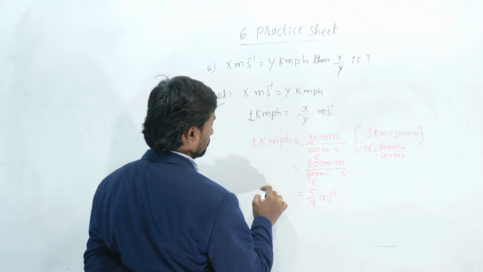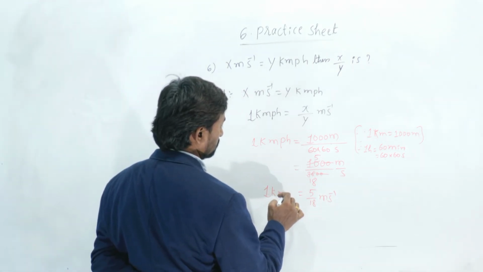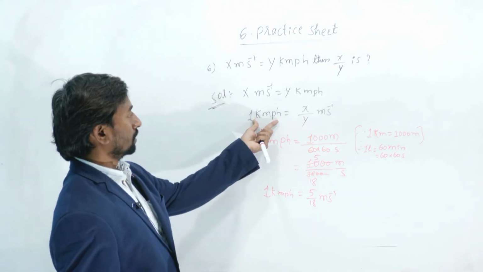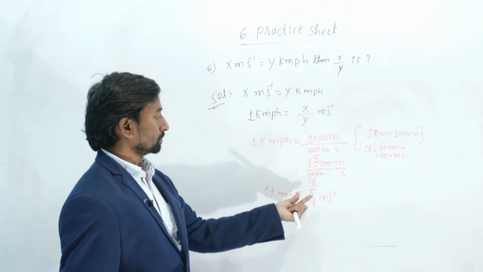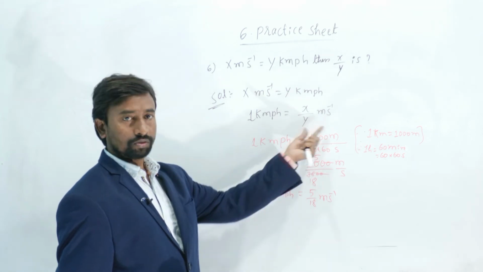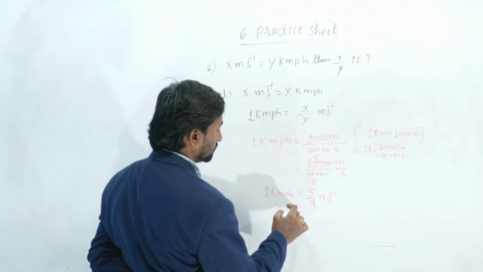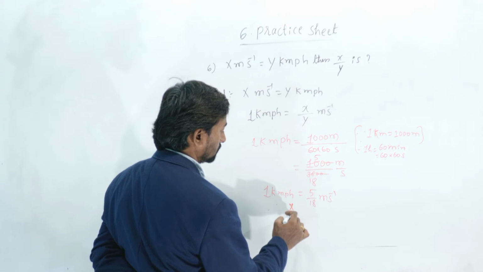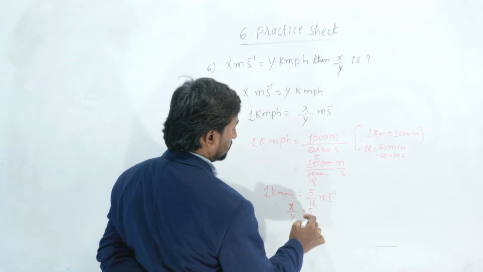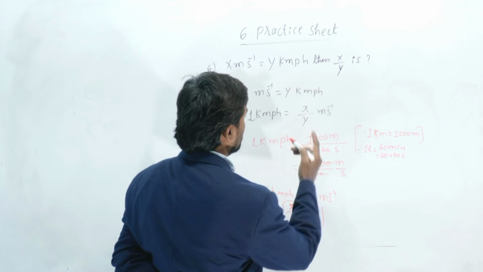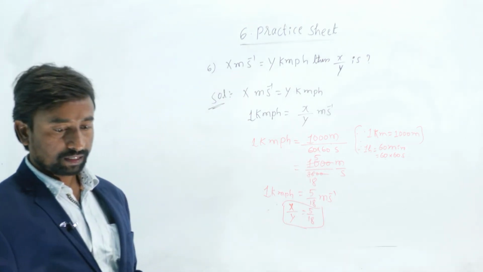Okay. So now we got 1 kilometer per hour. So now from this, 1 kilometer per hour is x by y. So now compare these two. If we compare these two, we will get x by y is equal to 5 by 18.